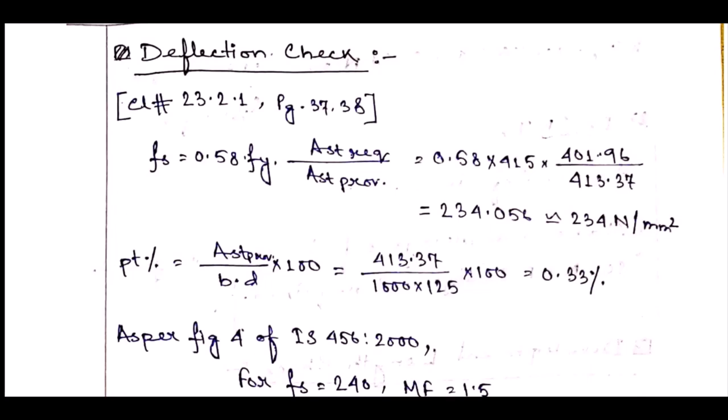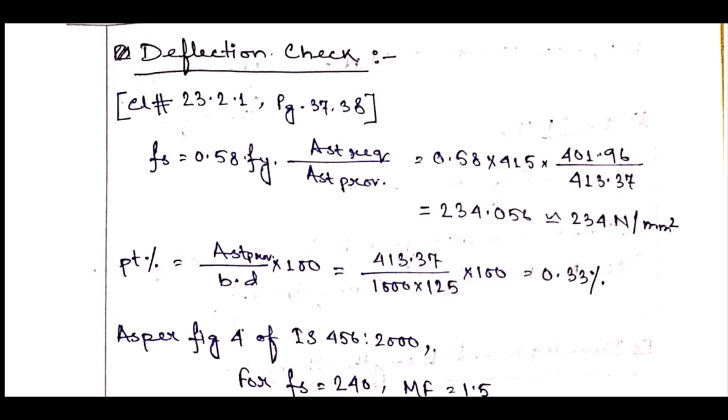So that is equal to 234.056, or this is equal to 234 Newton per millimeter square. Now the percentage of steel is Ast provided by cross-sectional area, that is b into d into 100. So that is equal to 0.33%.